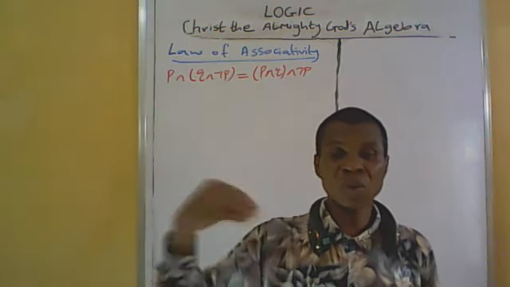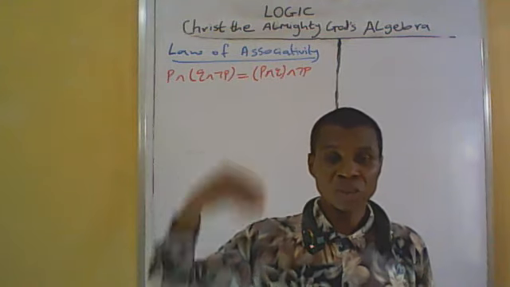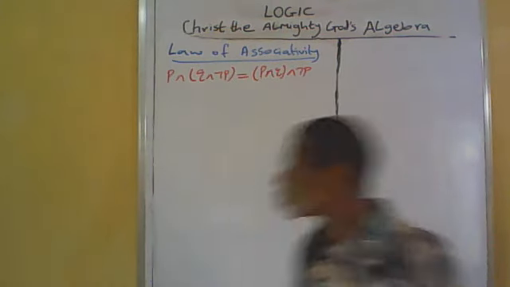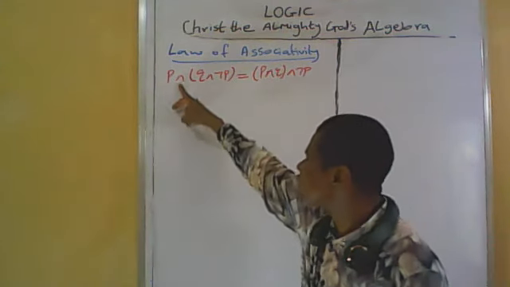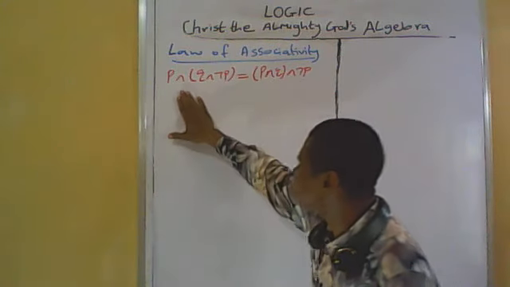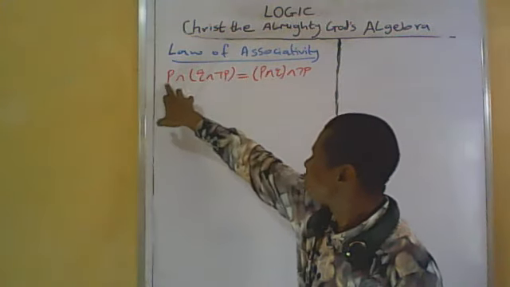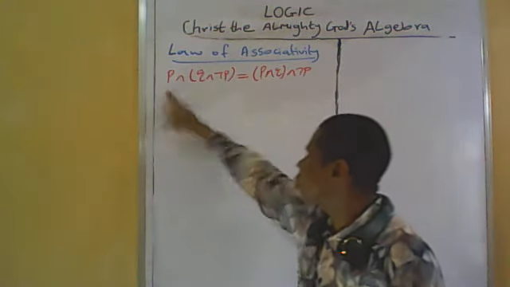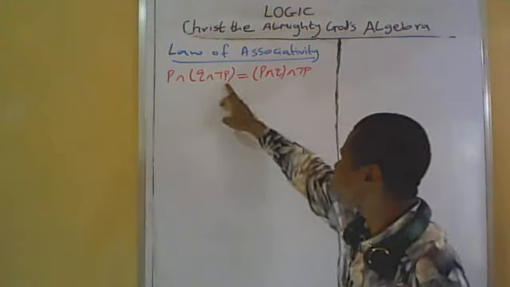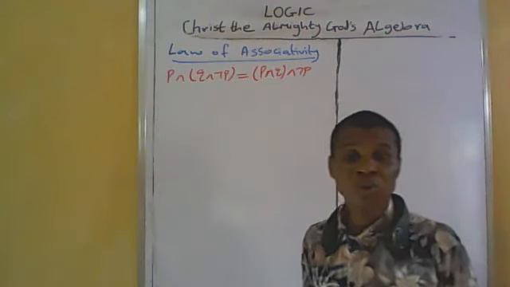Why is it Law of Associativity by Conjunctive Statement? It's because of this connective. It's a principal connective that connects this P, the first conjunct, and Q and not P, the second conjunct.